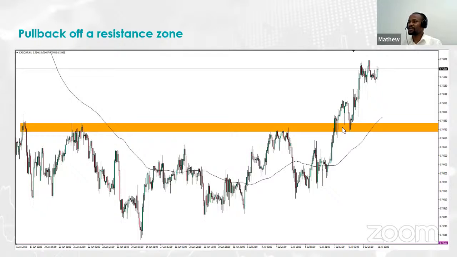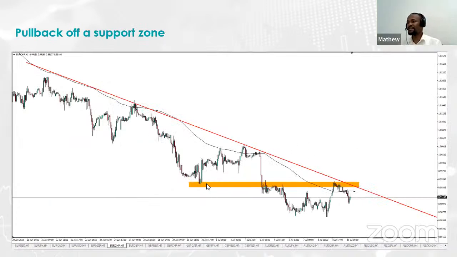So this is what we're talking about, the price pulling off that resistance zone, which was there previously, and failing to go beyond that level. Exactly. And the other one is where you have the support, the price is pulling off that support zone, which was held previously. All these concepts revolve around the same idea, and it's just a matter of giving it a different view.